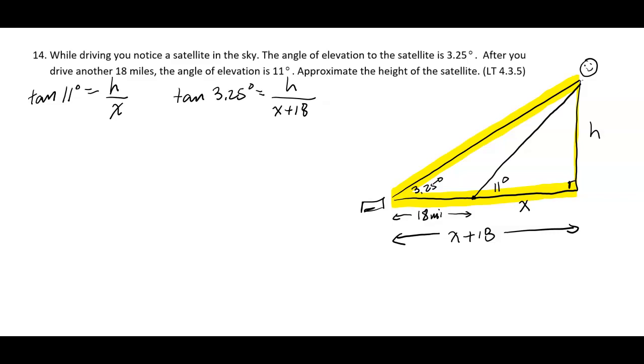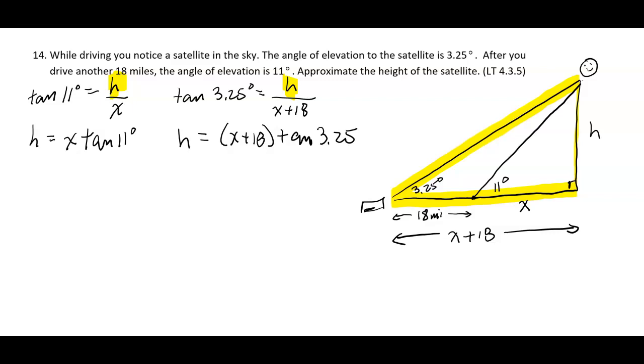So I'm going to solve each of these for h. So for this first one, h is going to be x times the tangent of 11 degrees. And for this one, h is going to be x plus 18 times the tangent of 3.25.